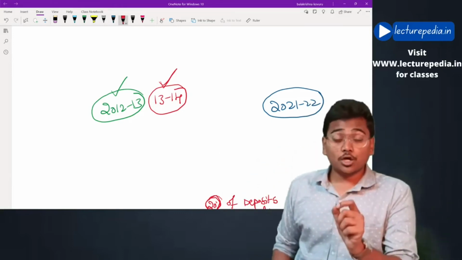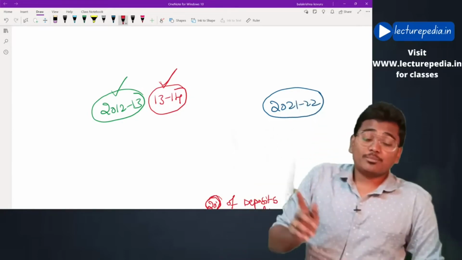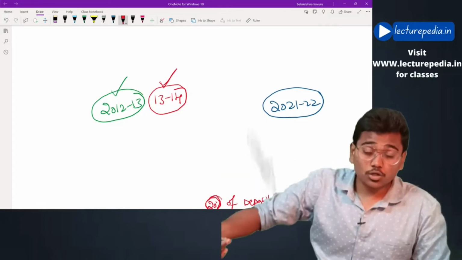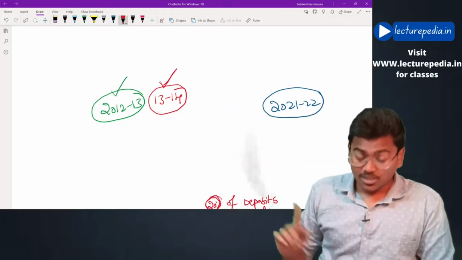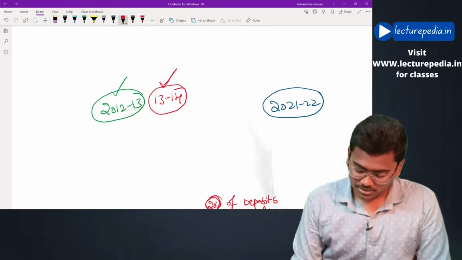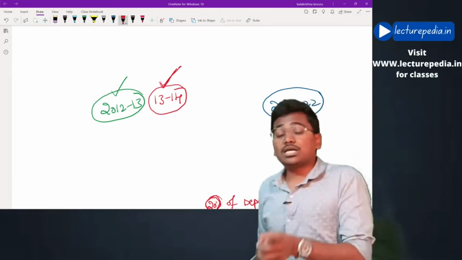Now at least 5 years should have elapsed from the date of making good the last default. When did the company make good the last default? In 2013-14. Now 5 years should have elapsed from that date.